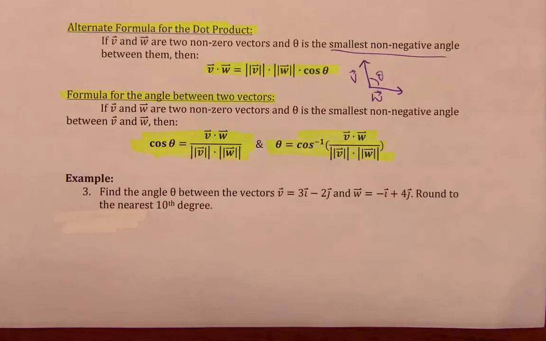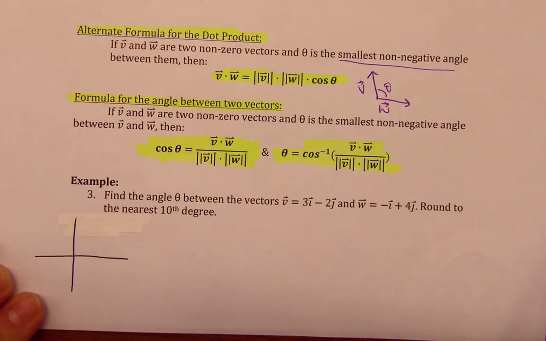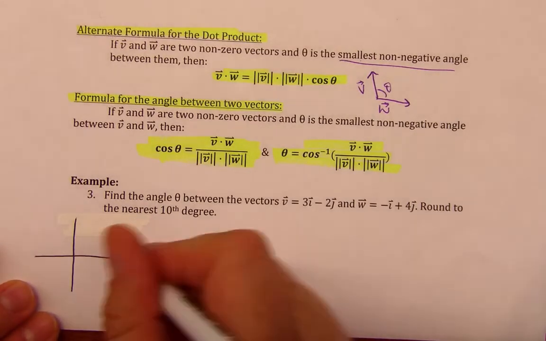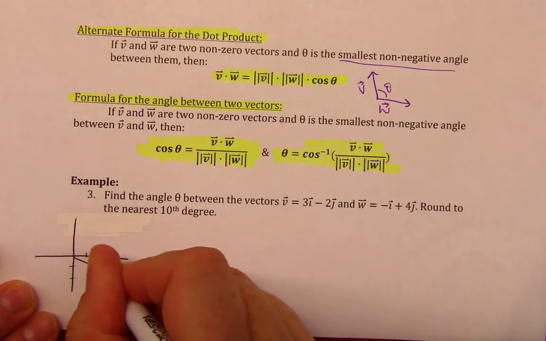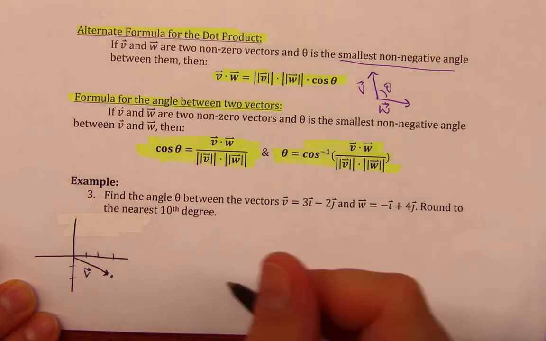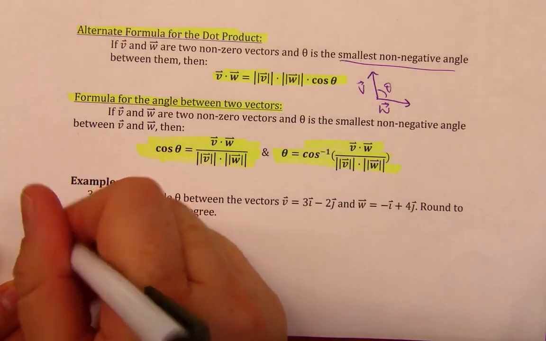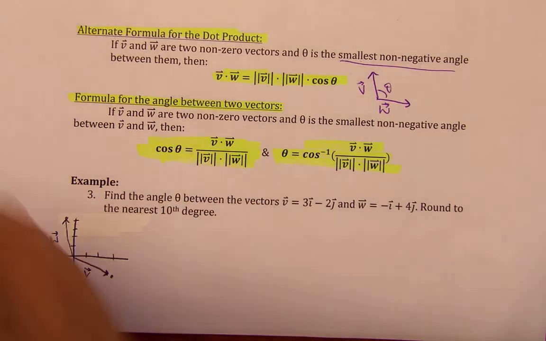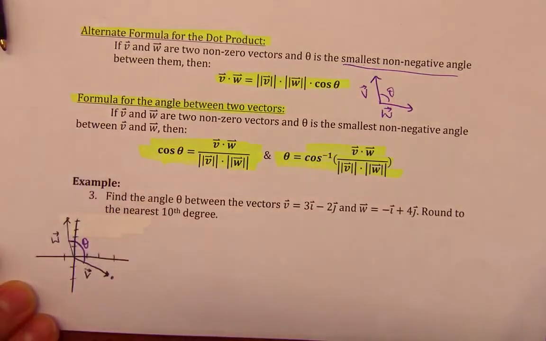Let's actually just draw the vectors before we do anything else. So we have v is 3 and -2, and then w is -1 and 4. And this angle between them is what we're looking for. So let's just visualize that first before we start going after it.